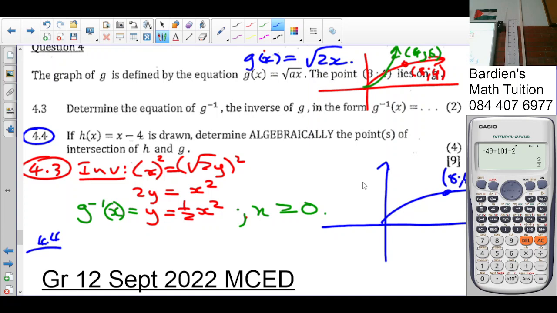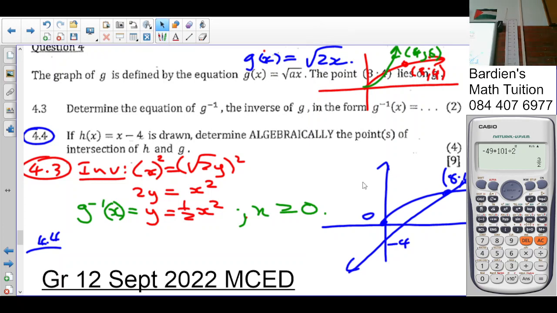So I draw this graph, it's going to go through 8, 4. So in other words, that graph is going to go through here, with that being minus 4. Determine algebraically, now this is graphically, can you see that? It says, determine algebraically the points of intersection of h and g.